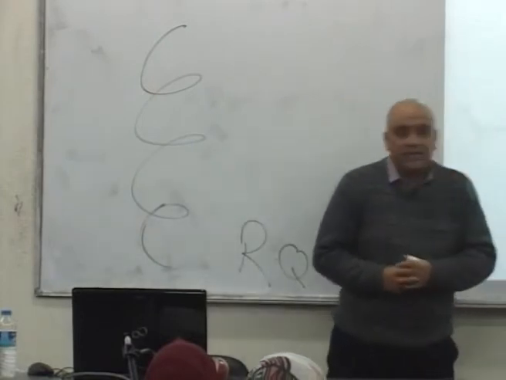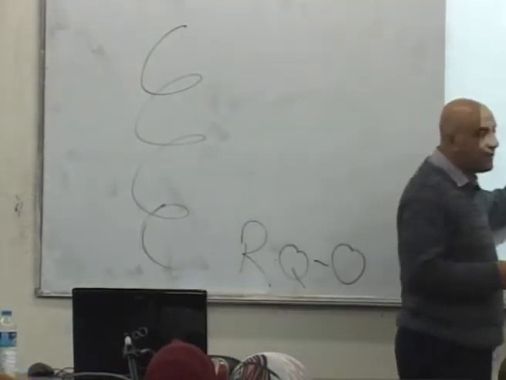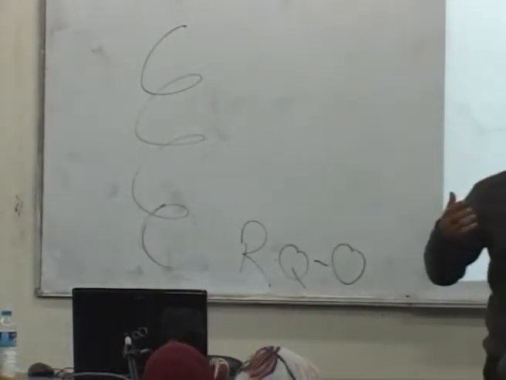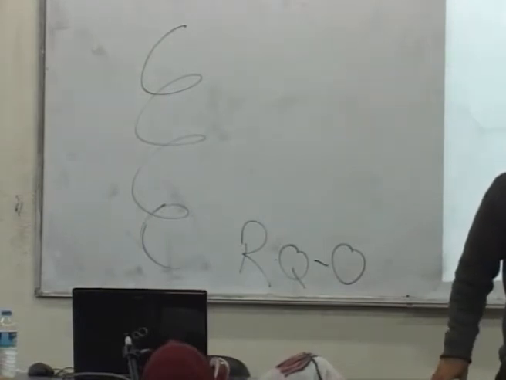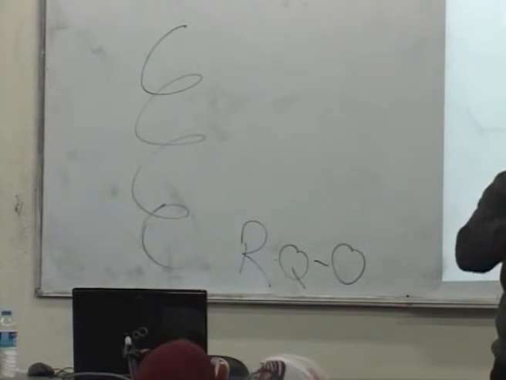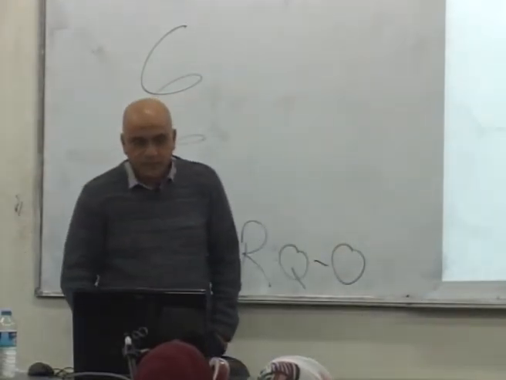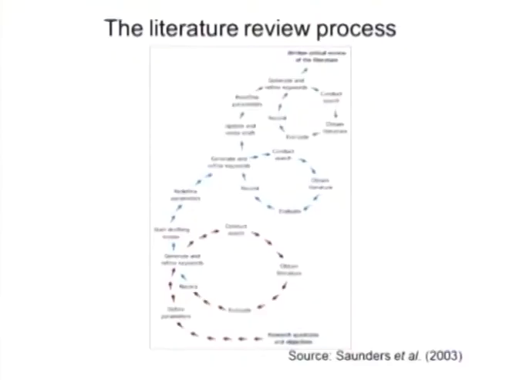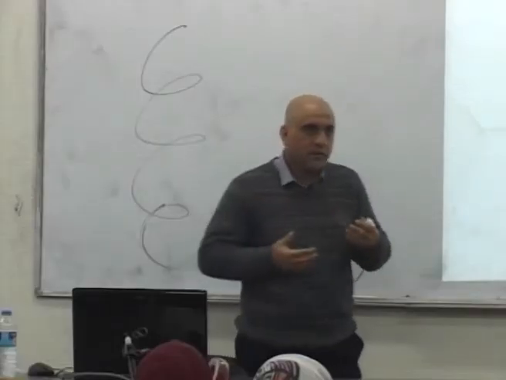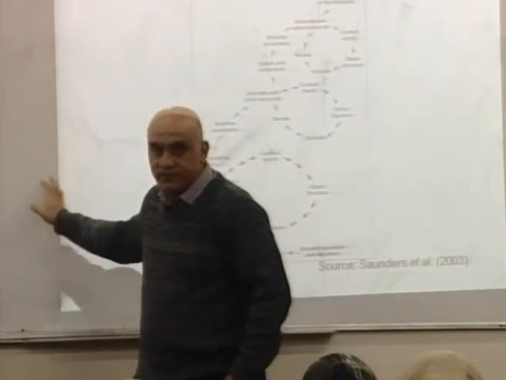Then after you generate the keywords, start drafting the review. You are starting to write something, to put the literature together: similar ideas in a particular context, the contradictions in a particular context, and so on. And also after doing this, something comes to your mind, and it is a non-stop process.